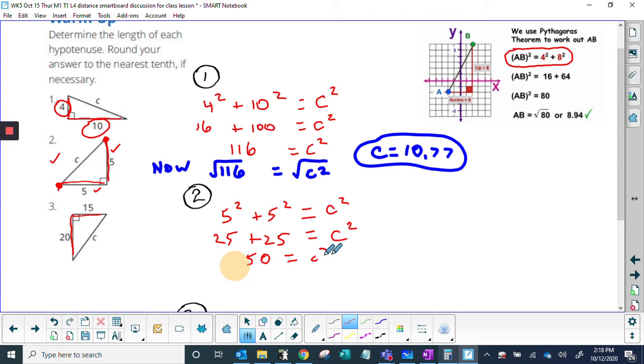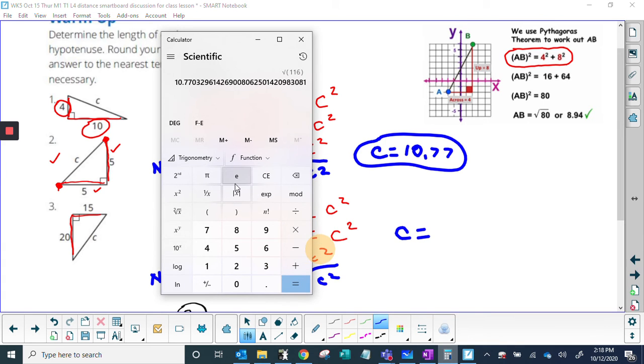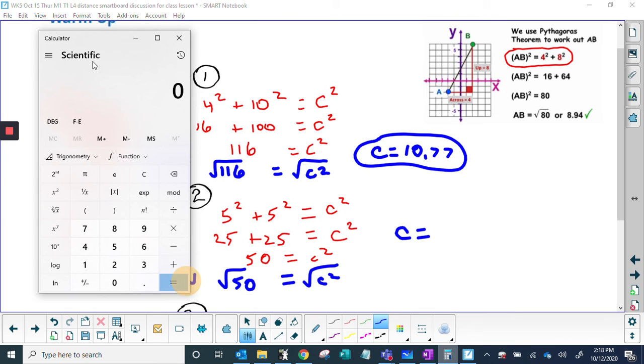Now, to get C by itself, we take the square root of both sides. I'm going to use this calculator again in case you don't have that fancy one. 50, hit that little radical sign, 7.07.